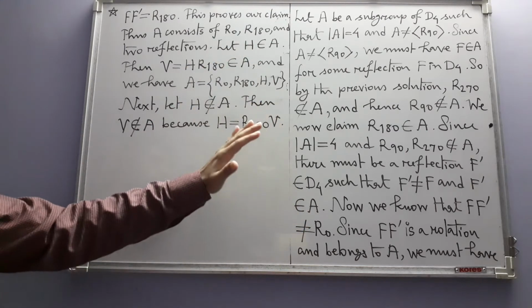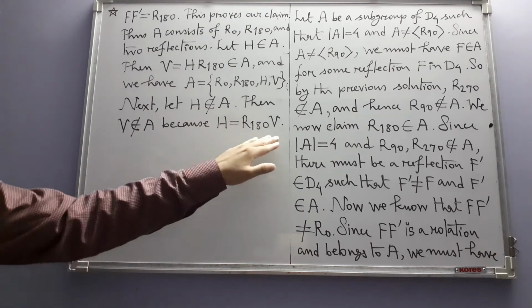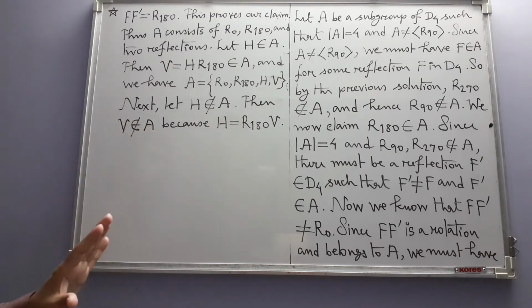Now if V also belongs to A, then H has to belong to A because of this equation. So V also does not belong to A.